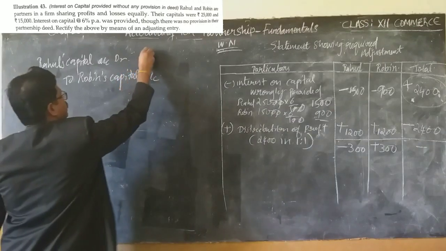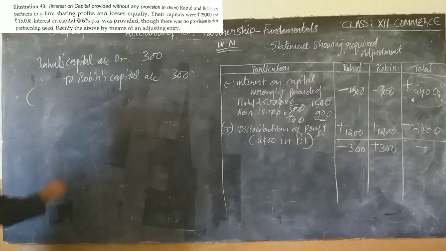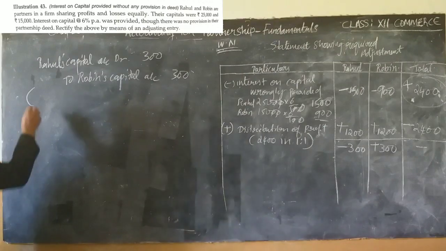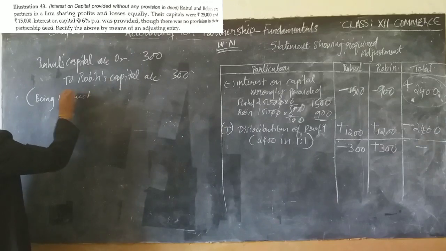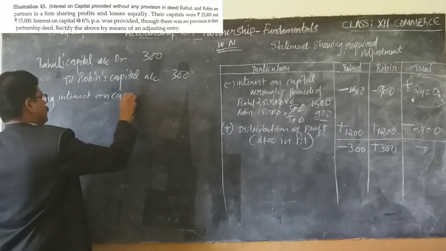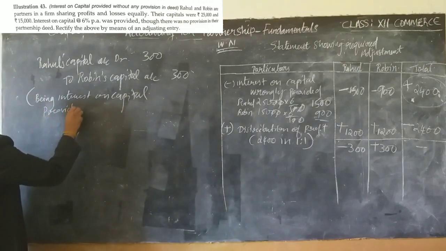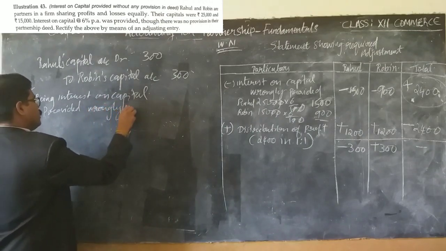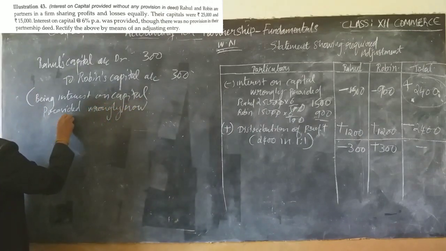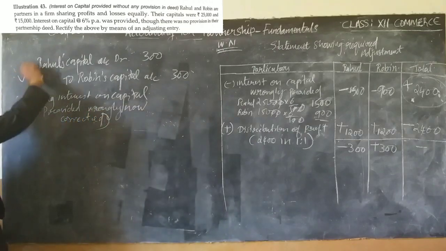What is the amount? 300. Being interest on capital provided wrongly, now corrected. So this is our answer.